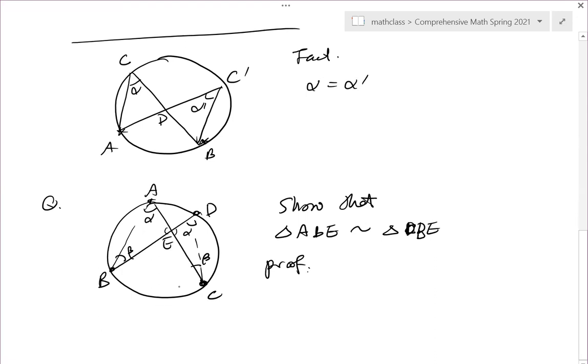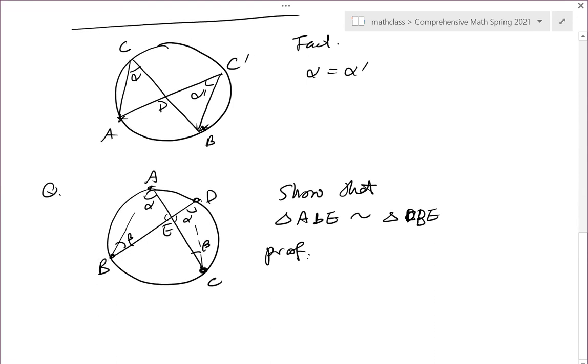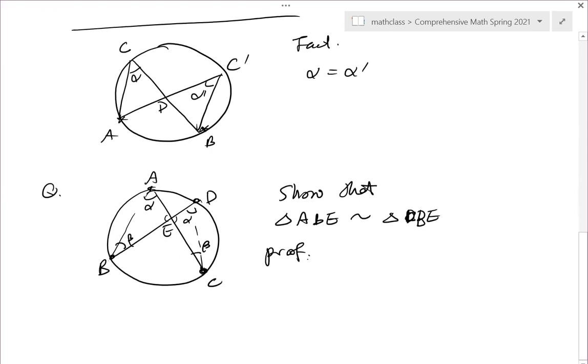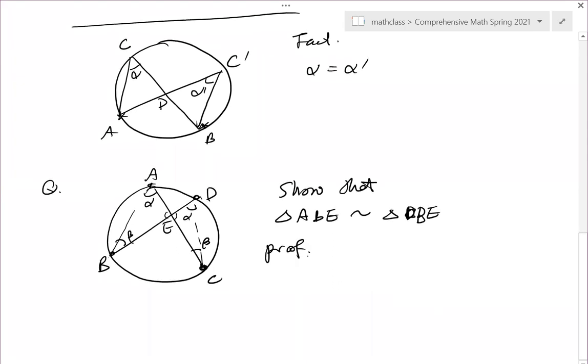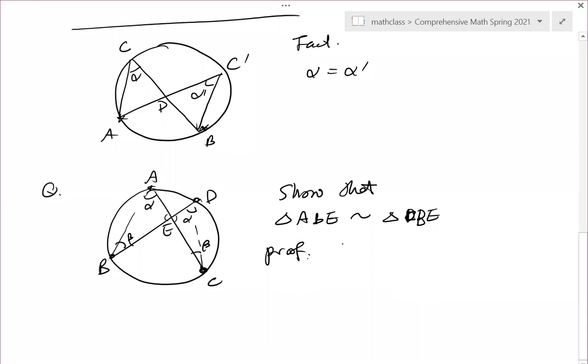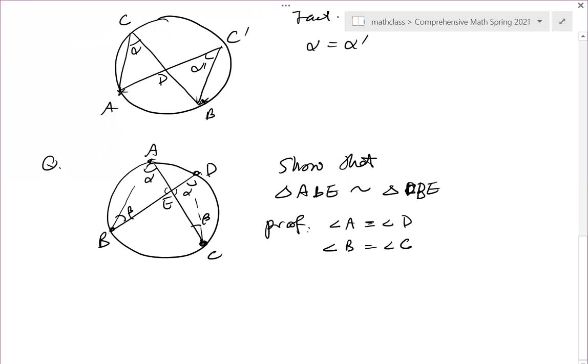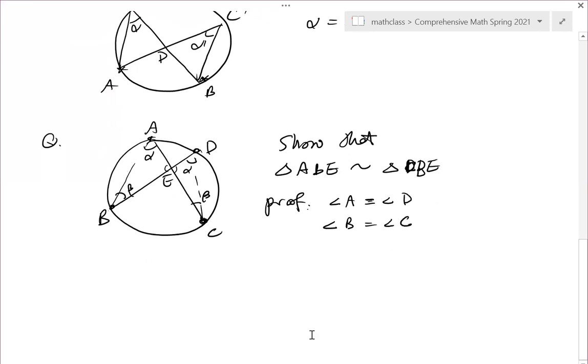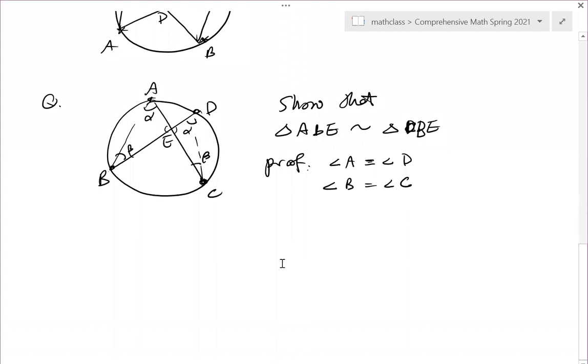That's why B corresponds to C, A corresponds to D. Use similarity, then you can prove it. The angle at A should be equal to the angle at D, and the angle at B should be equal to the angle at C.